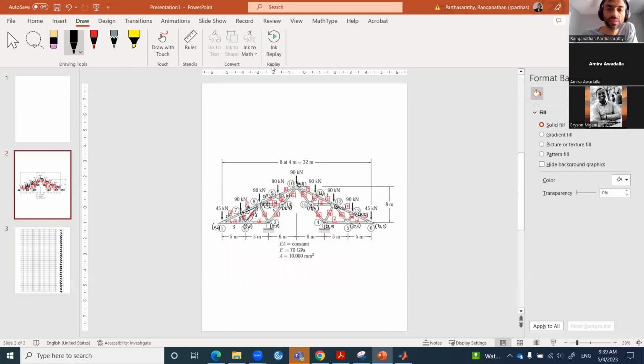Now you mark here which ones are zero. So for joint 3 it is 5, 6, right? So U5, U6 are 0 because that is fixed.